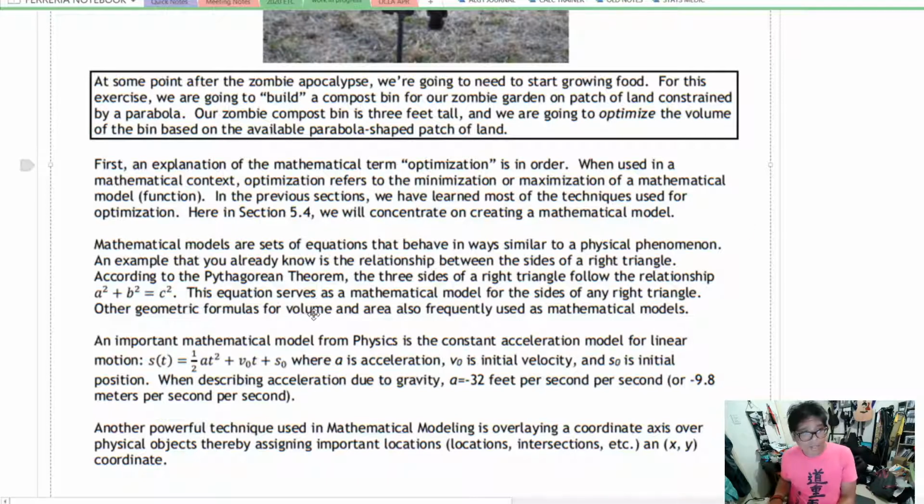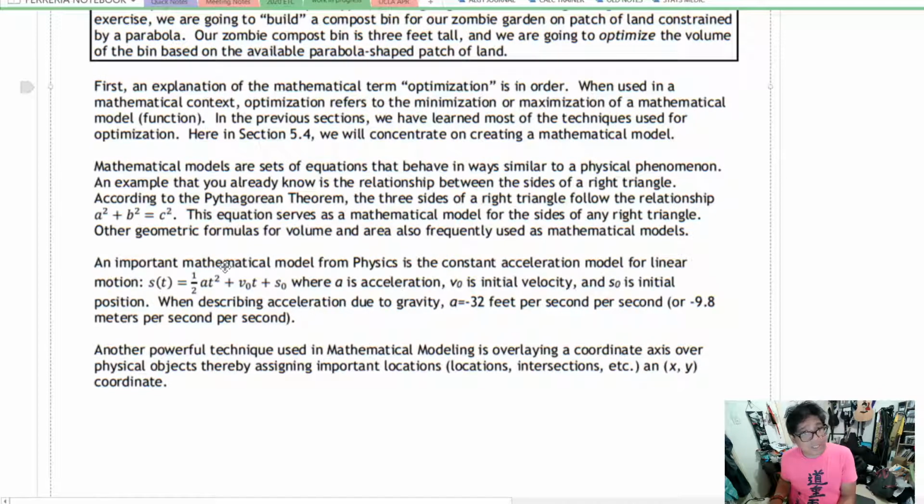Another one that we can look at is constant acceleration from physics. I think most of us know that position is equal to 1/2 a t squared plus v initial t plus initial position. And a is acceleration, v naught is initial velocity, and s naught is initial position.